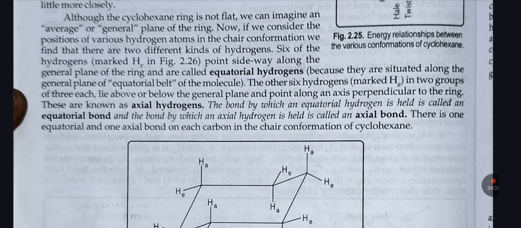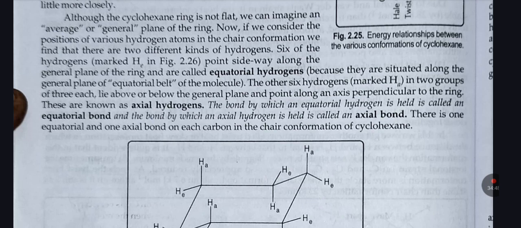The six hydrogens marked Ha, in two groups of three each, lie above or below the general plane and point along an axis perpendicular to the ring. These are called axial hydrogens. The bond by which an equatorial hydrogen is held is called an equatorial bond, and the bond by which an axial hydrogen is held is called an axial bond.